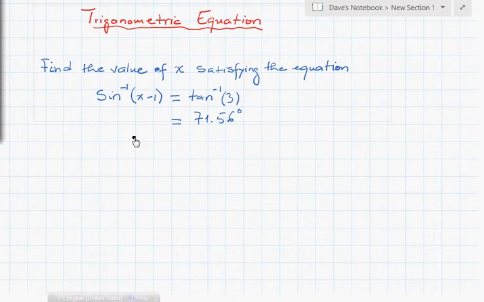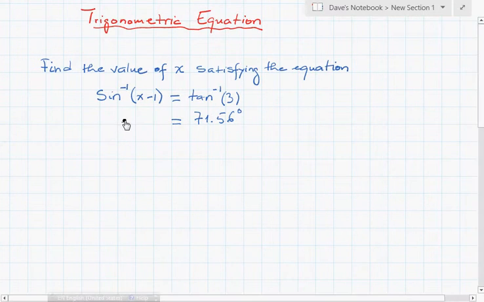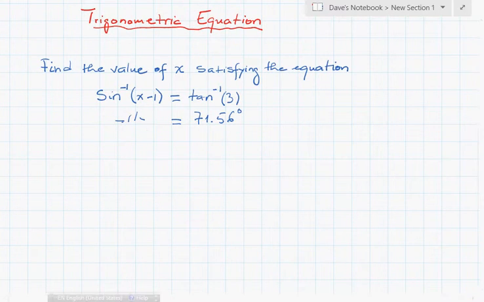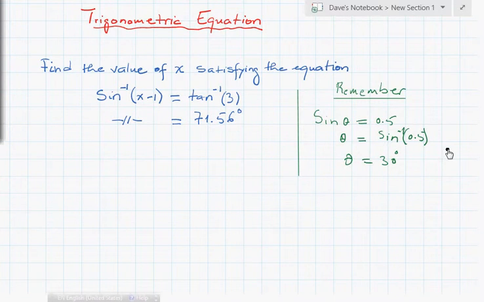And sine to the power of minus 1 of (x minus 1), we're going to continue writing it, because we don't need to change anything on it right now. Remember, when we were working on other trigonometric equations, we said that when you have a positive value like sine of theta equals 0.5, to find the angle we need to use the inverse trigonometric function.